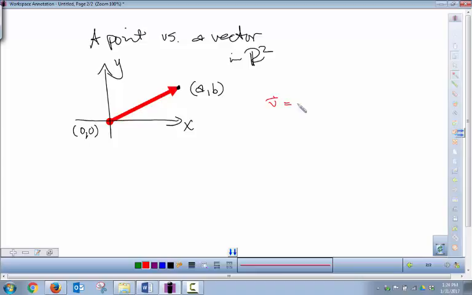Now, the vector can be written in a few different ways. The textbook and the homework ask you to make sure that if you want to express a variable as a vector, you put an arrow on top. And then if you're going to write components for the vector, you do one of 2 things.